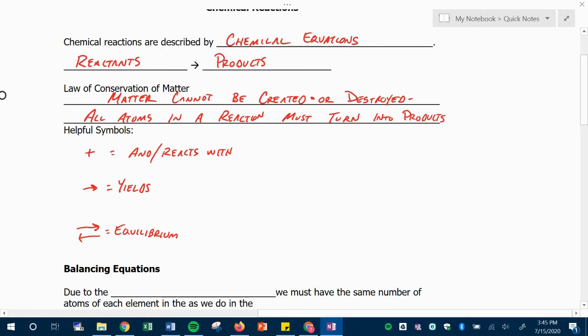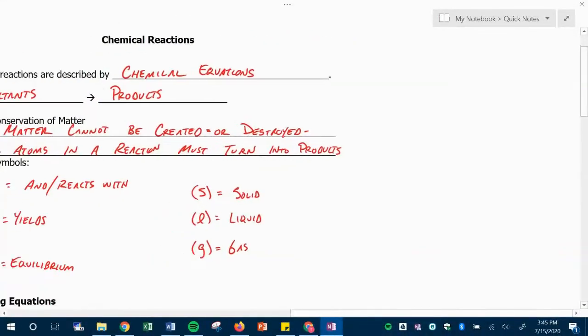If we see an S in parentheses, that stands for solid. If we see an L, that means it's a liquid. If it's G, that means it's a gas. Pretty obvious, right?